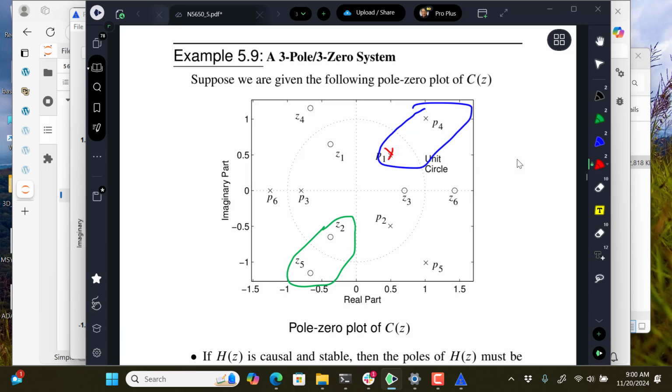That one has to be picked because if we want to realize this system, we have to do that. But if we wanted to realize a different system that has the same magnitude response, say for this one, we could go with that zero or that zero. It doesn't matter. It'll be the same magnitude response, because that's what we were doing here. We could swap them around in the system model for C of z, and it wouldn't change.